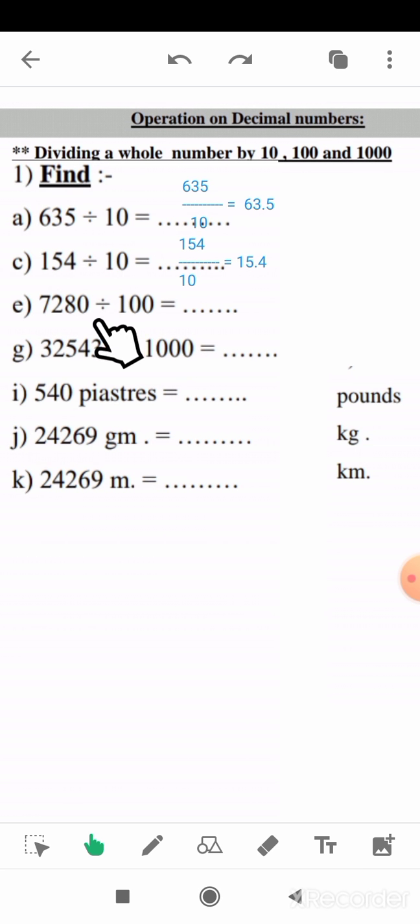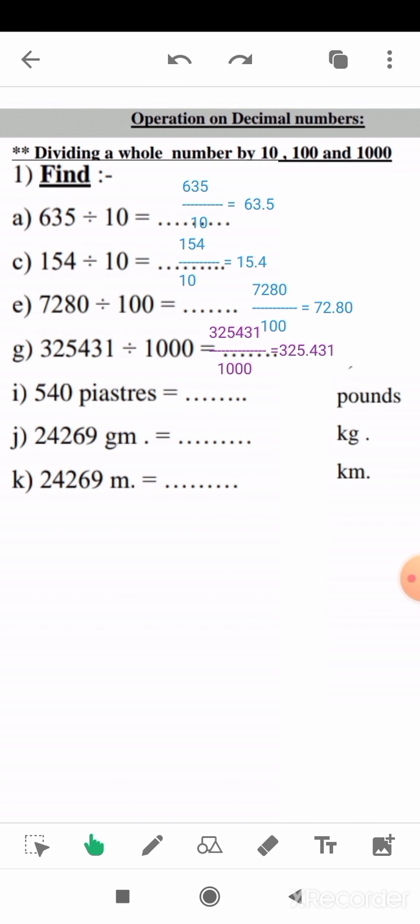Second example, we have 7,280 divided by 100. Okay, so 0 will take 0 and go down, 8 will take 0 and go down, and here we have 2 zeros, but we have 1, so 1 will transfer as a point, so we have 72.